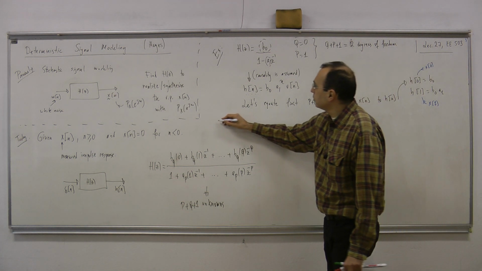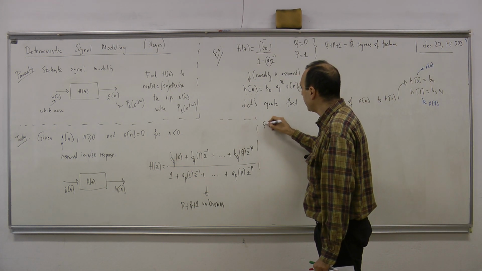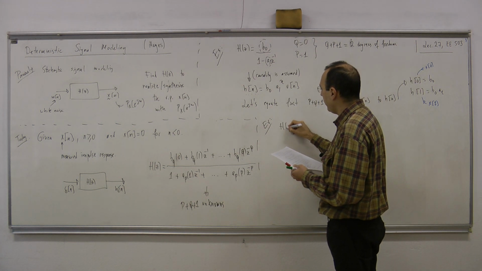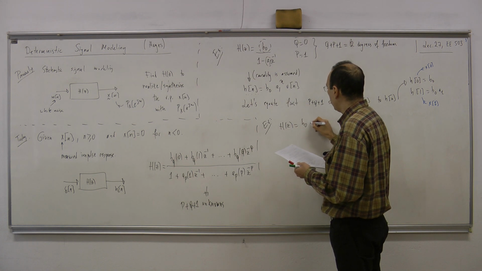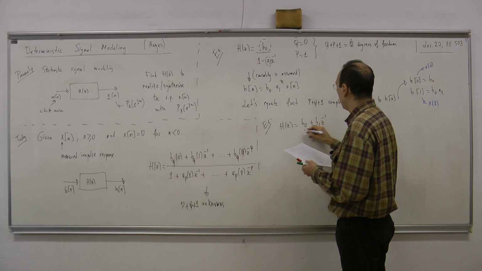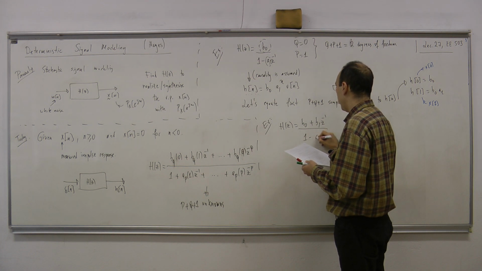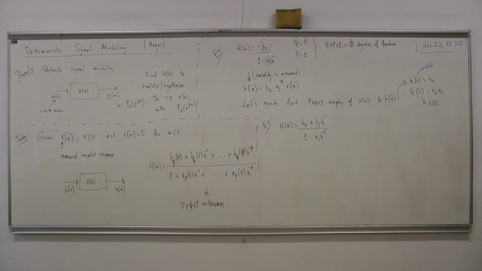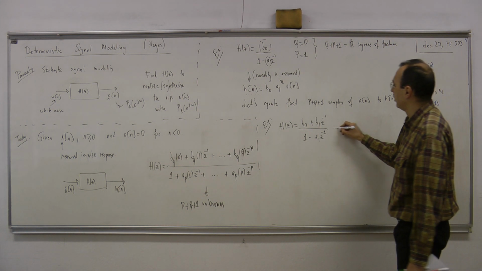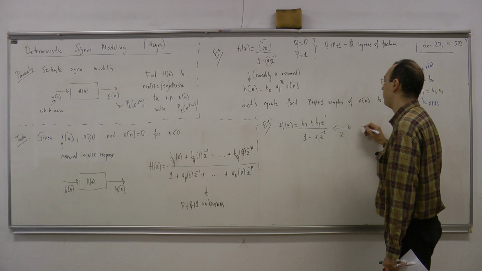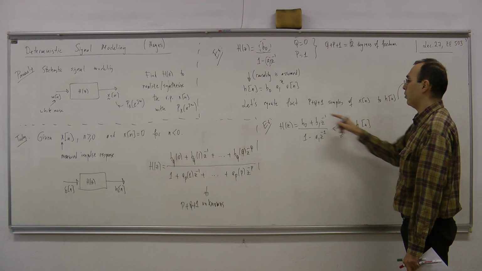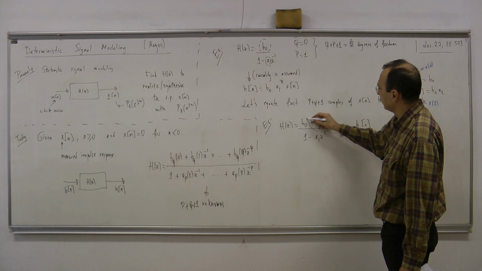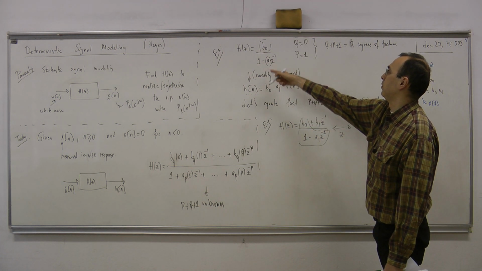Okay. So let me have a second example. Well, if I have H of z equal to b0 plus b1 z inverse over 1 minus a1 z inverse, then let's apply the same idea. If I apply the inverse z transform, this part is as before, as you see.